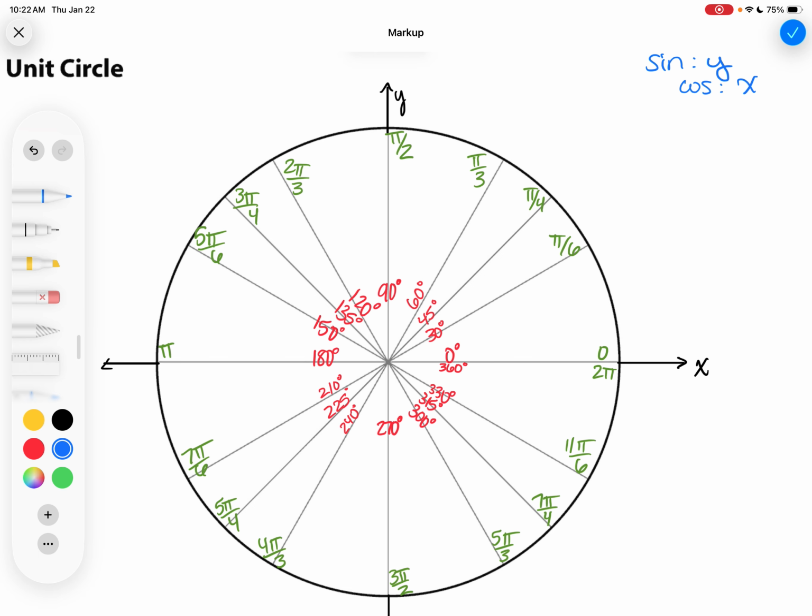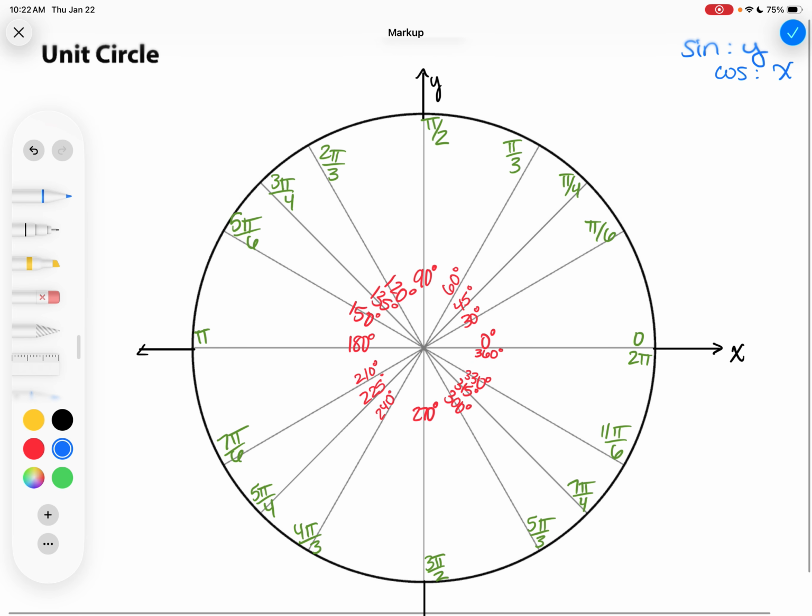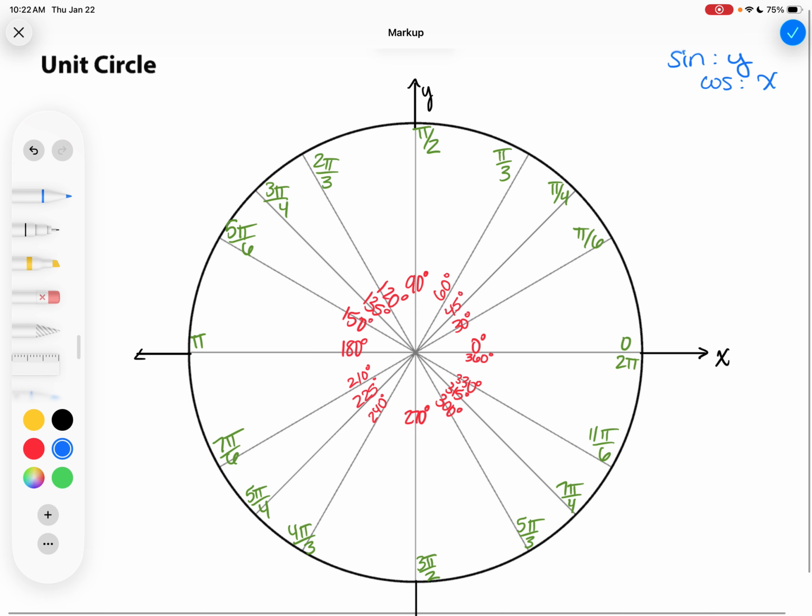So, a different color from what you've used so far. I'm going to put the values on here for the increments of pi over 2. Here on the x-axis on this side, the unit circle has a radius of 1, so the value of this point right here is 1, 0.